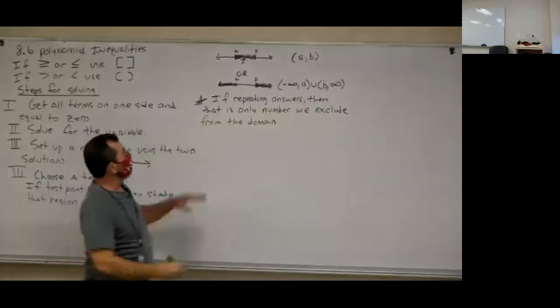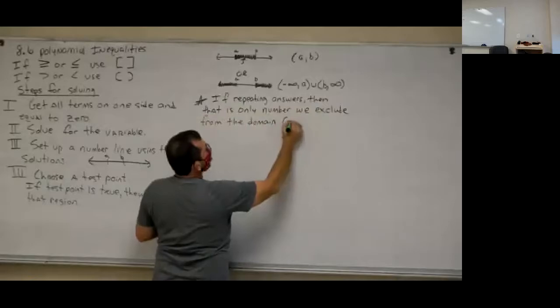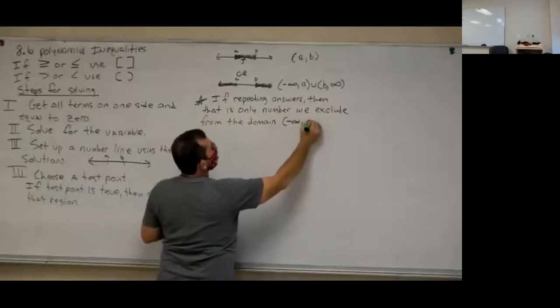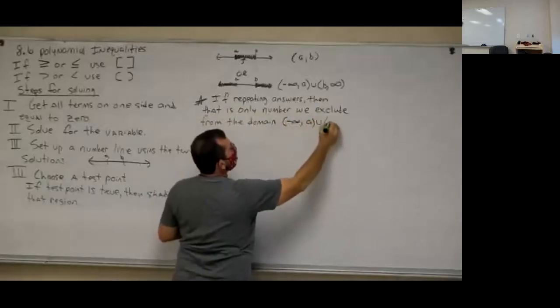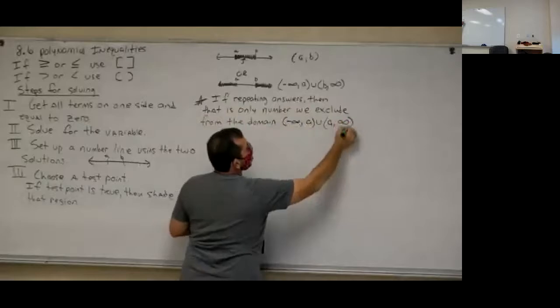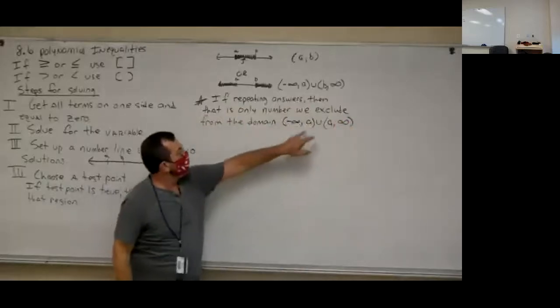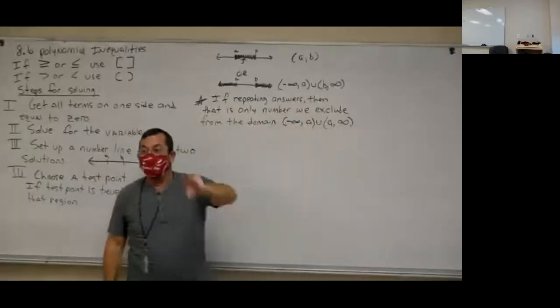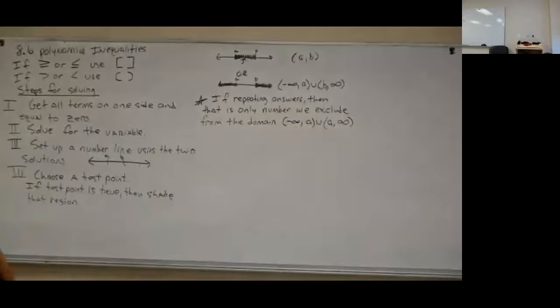So if you get something like that, it's going to look like negative infinity to that number, union that number to a positive infinity. So when you only pick out one number, it's going to be the one that you're unioning around on that, okay?